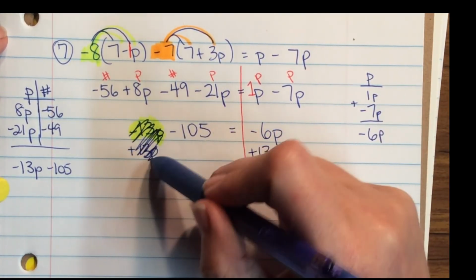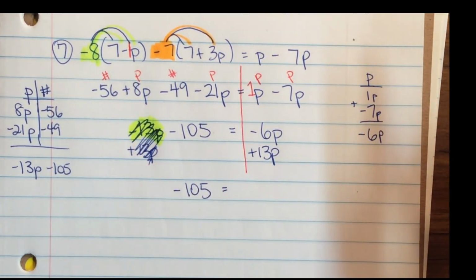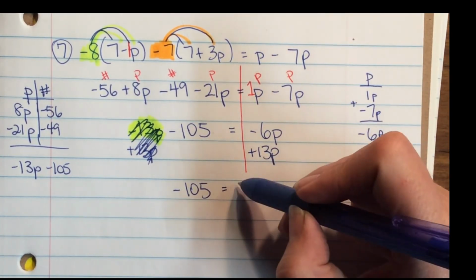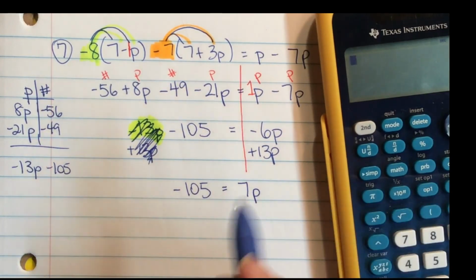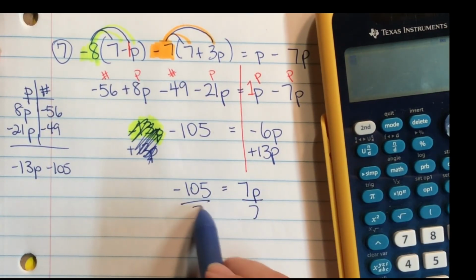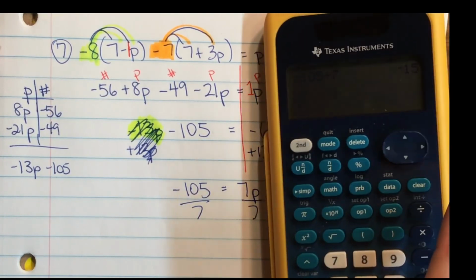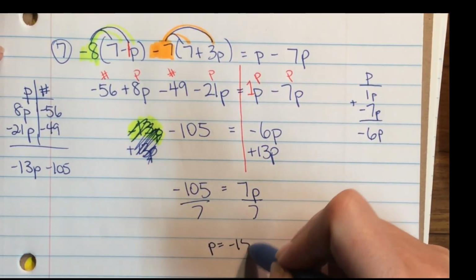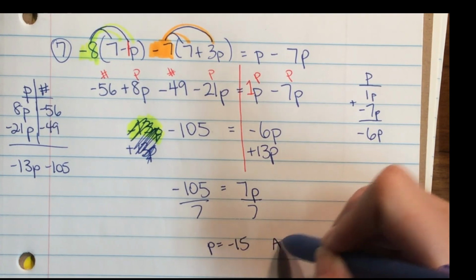And these will go away, and I'll be left with negative 105 on the left-hand side. Negative 6 plus positive 13 is 7. And then we divide by 7. And I get negative 105 divided by 7, which is negative 15. And that is letter A.